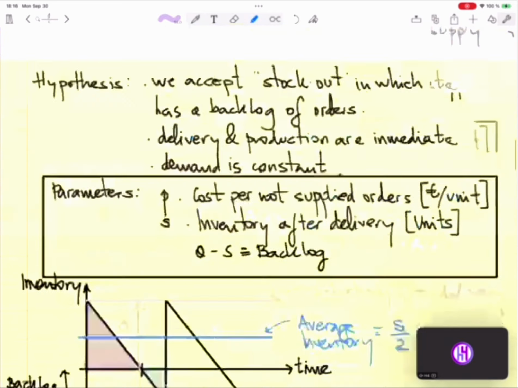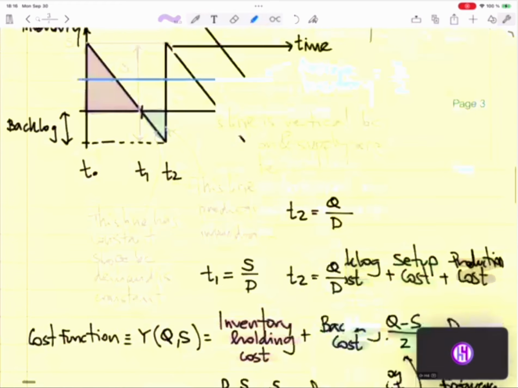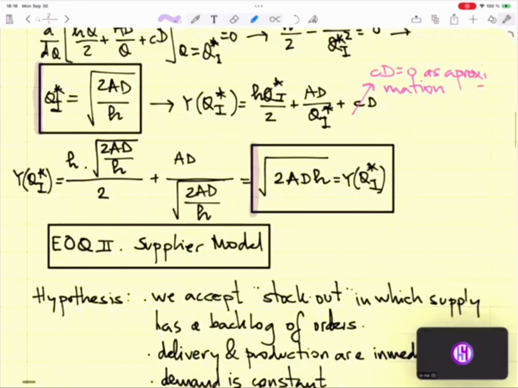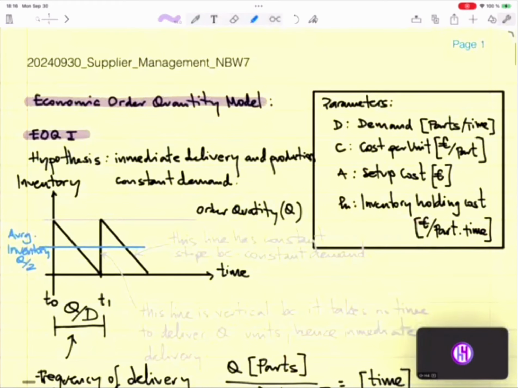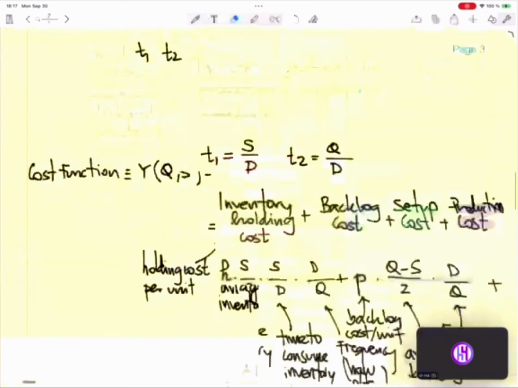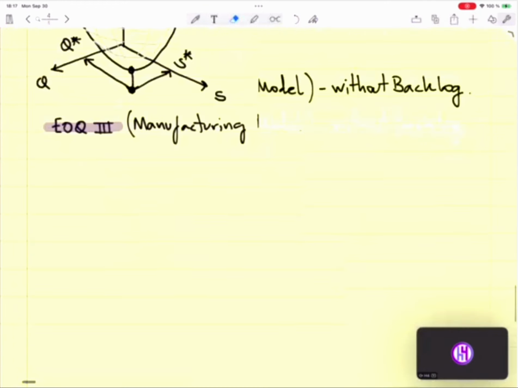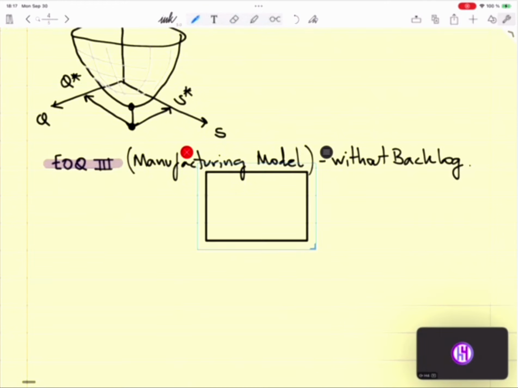Remember, we have the supplier model and we have the easy model. So the first model is just the basic. And now we have the manufacturing model. The first one is the general model we have, and then the supply model, and then the manufacturing model.